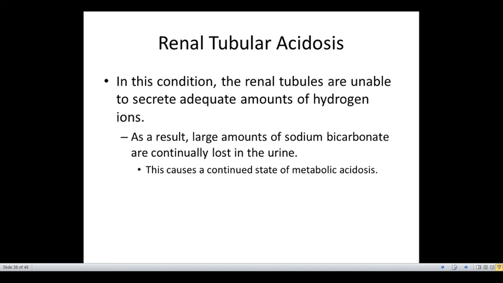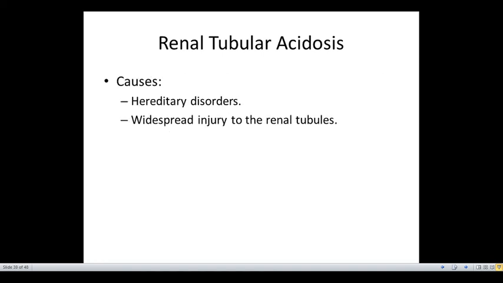Now, this causes a continued state of metabolic acidosis. The causes of renal tubular acidosis include hereditary disorders and widespread injury to the renal tubules.